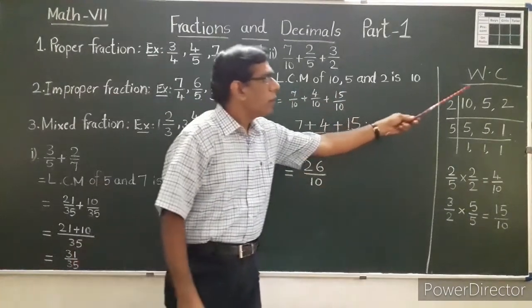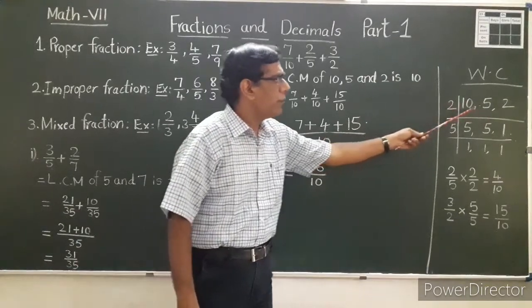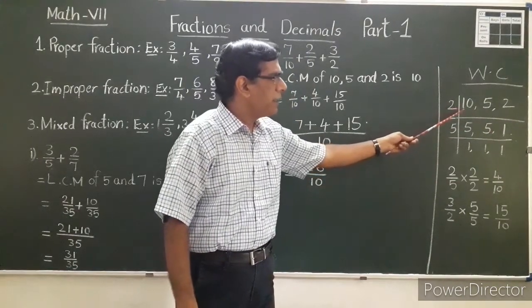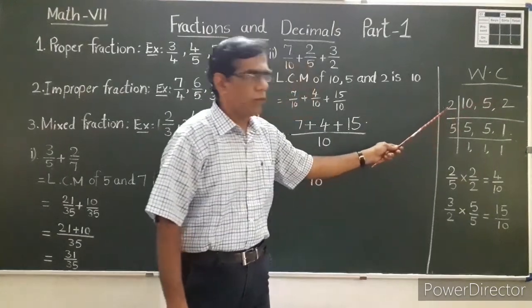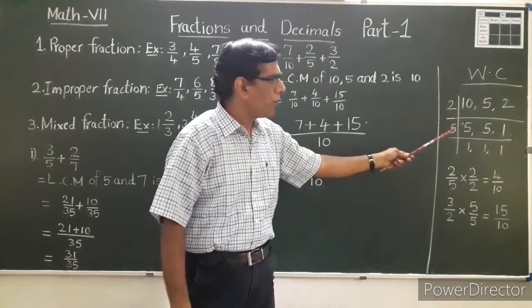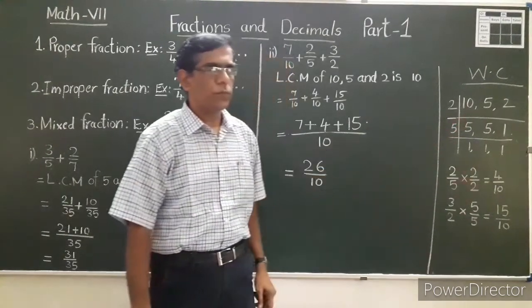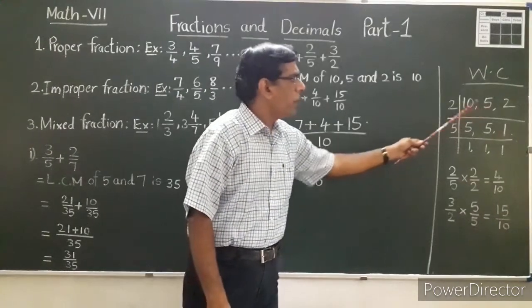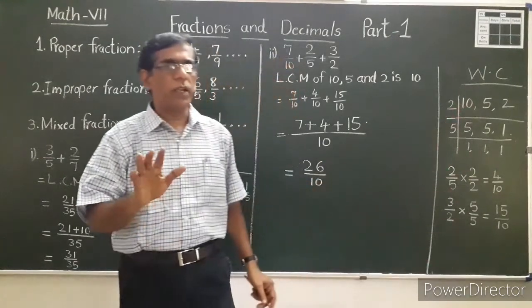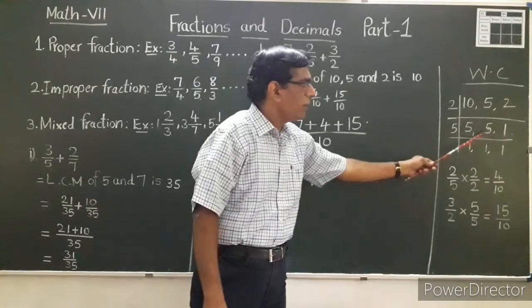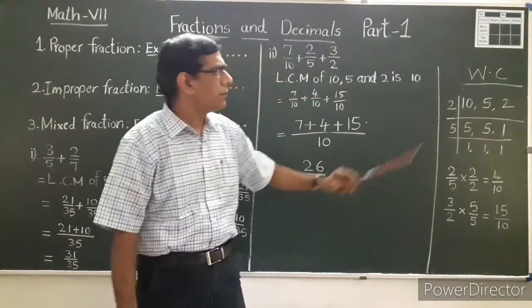Here is the working column, how it becomes 10. We write 10, 5, 2 and divide by 2. 2 fives are 10, 2 ones are 2. 5 will not divide by 2 because 5 is an odd number, so 5 is written as it is.